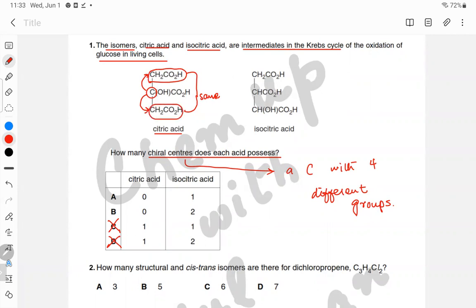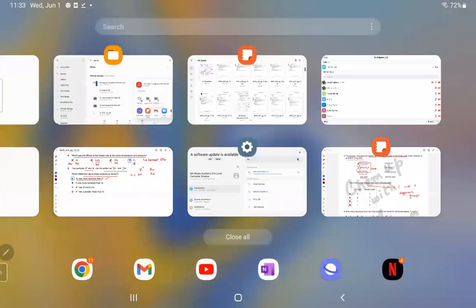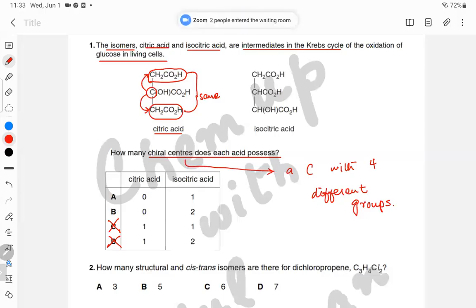So both are the same groups, which means it's not chiral, and that's why I marked C and D wrong. Okay. So is this understandable to everyone?